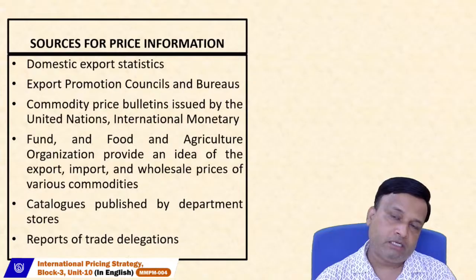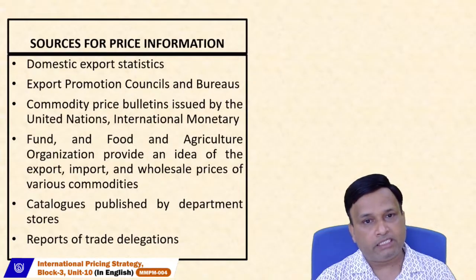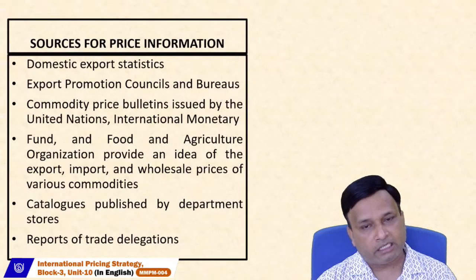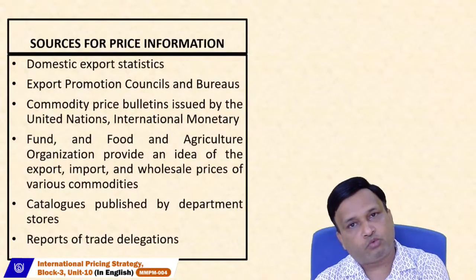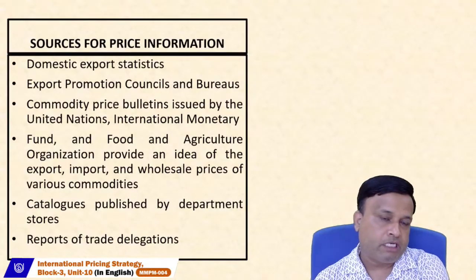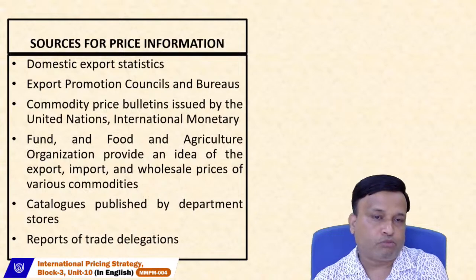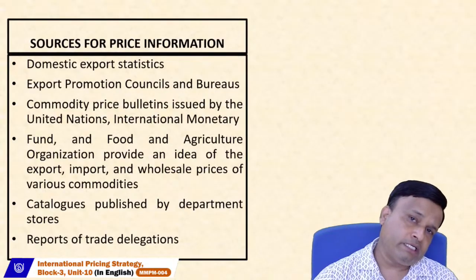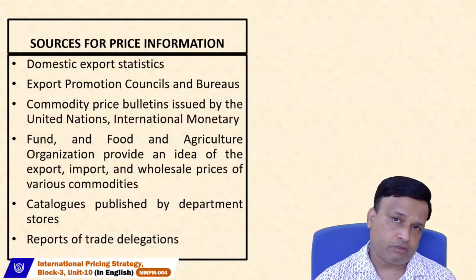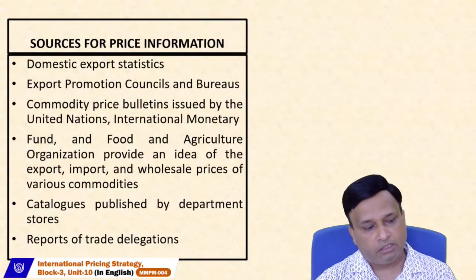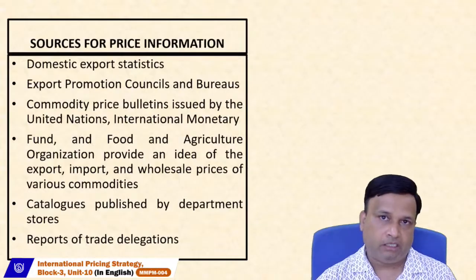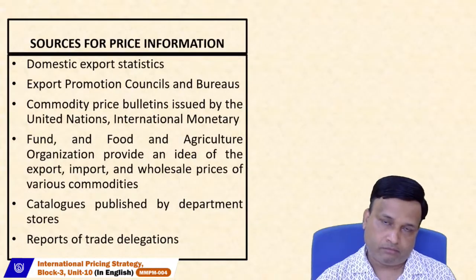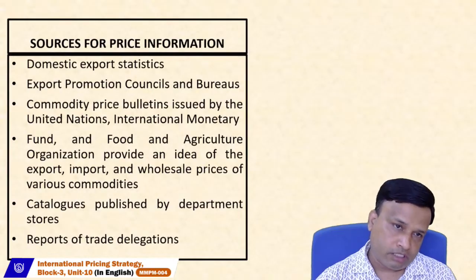Commodity price bulletins issued by the United Nations and the International Monetary Fund are a source of getting information. Then export promotion councils and bureaus, and domestic export statistics. All these are sources of information. So to decide about the price, my base would be different sources.